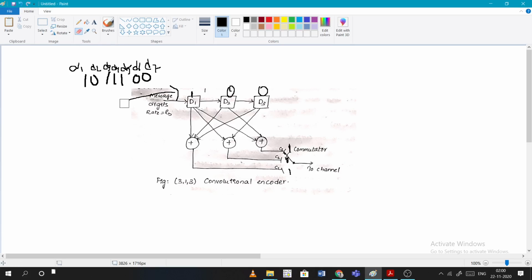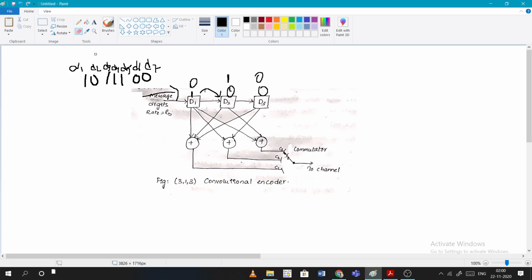Now I will send d2, which is 0. When I send d2, the 1 will be shifted here and the new bit is 0, so the new sequence is 0 1 0.